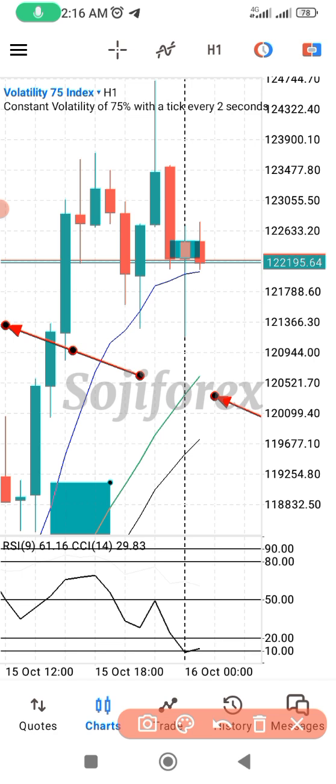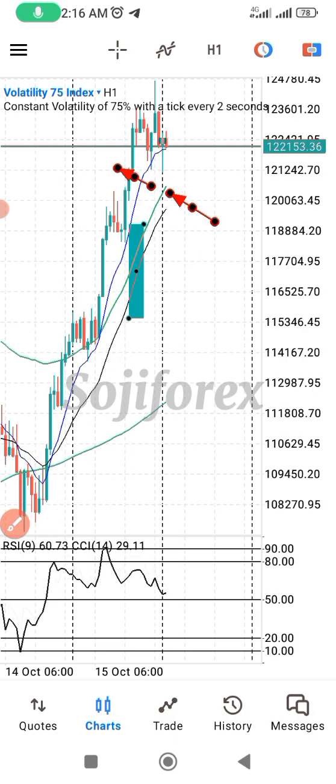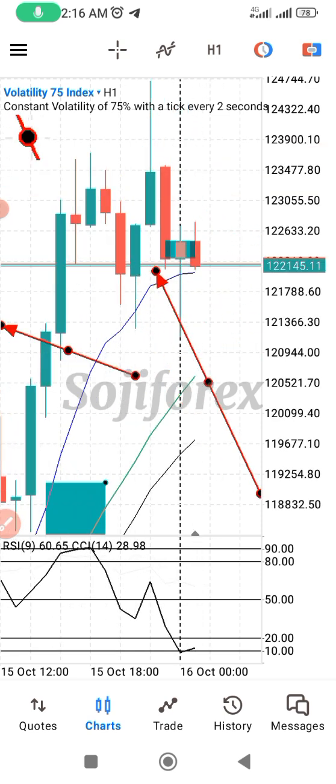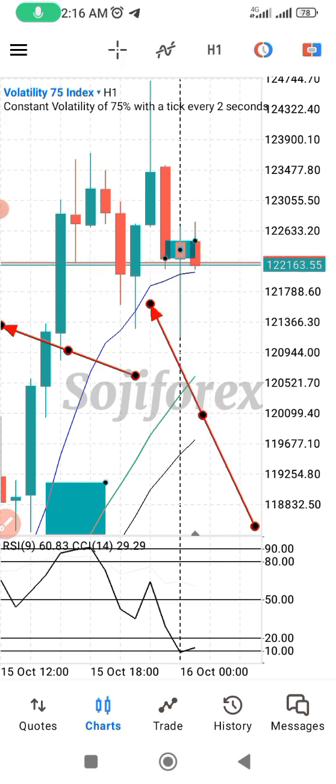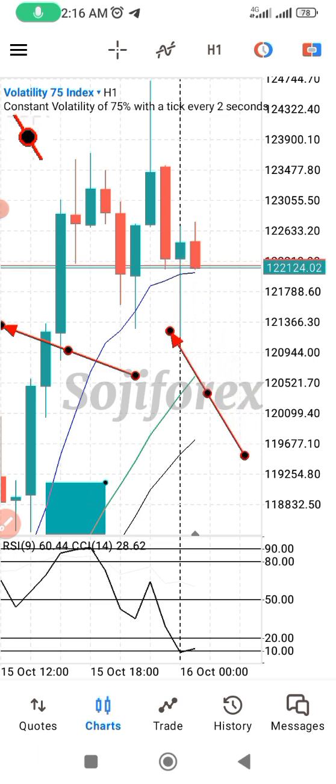So, having established that, it simply means that if at all you are looking for opportunity to sell before now, seeing that this price at the time came all the way down but was rejected from here and closed as a bullish pin bar, you are already seeing the weakness of the sellers, that the seller couldn't take the price down.